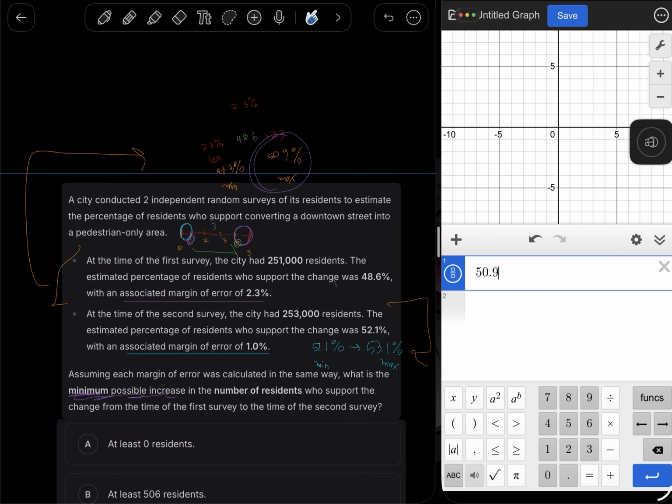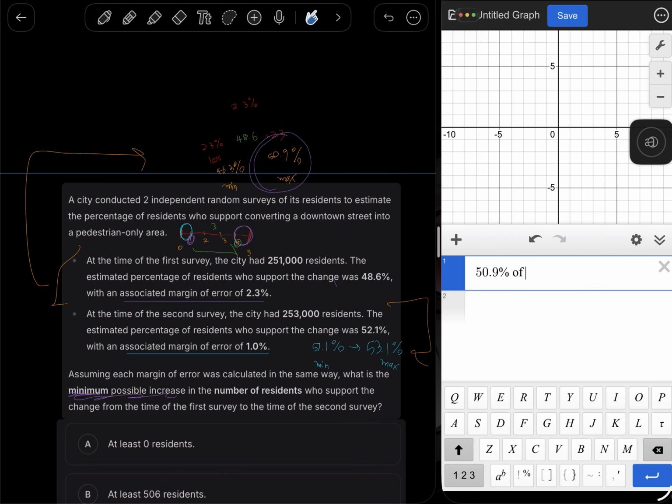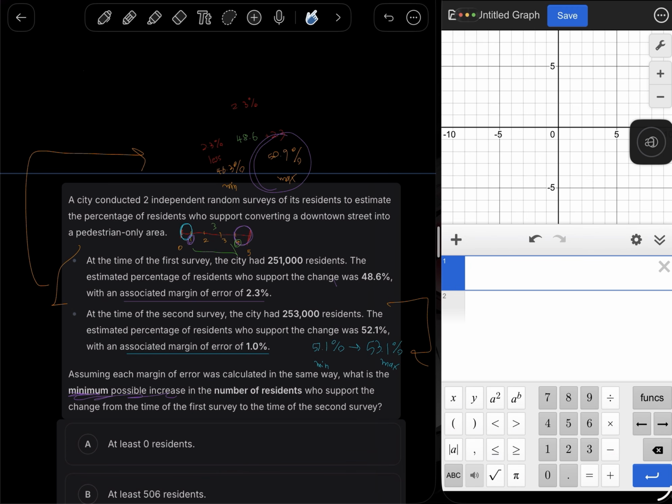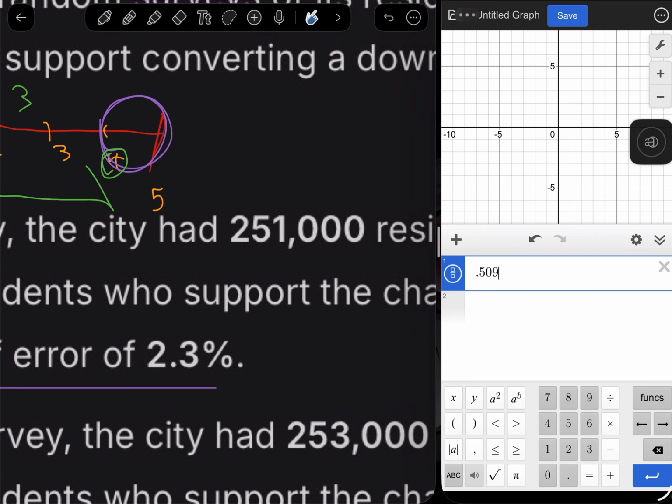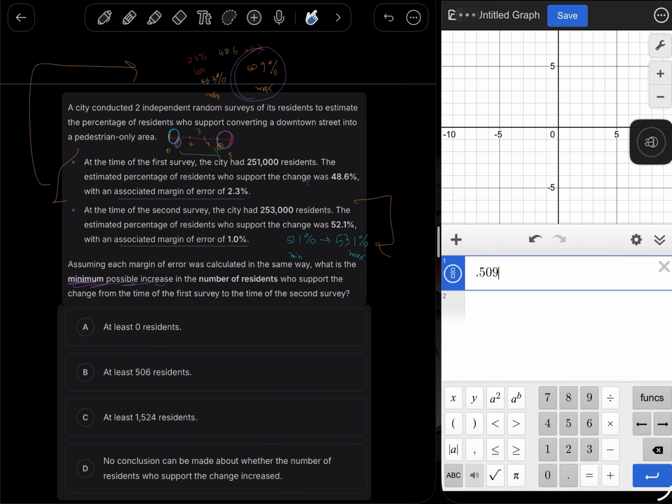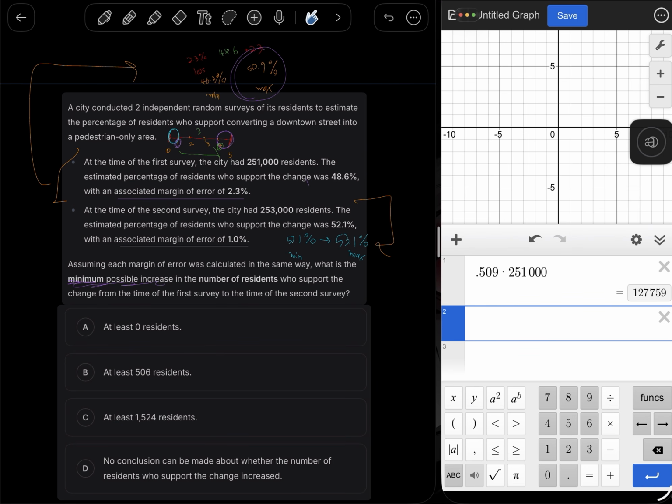In Desmos, you can actually put the percent sign right there, but I'd encourage you to divide by 100, so this becomes 0.509. At the time of the first survey, the population of the city was 251,000, so you do times 251,000. That's the maximum number of residents in the first survey who supported the change.